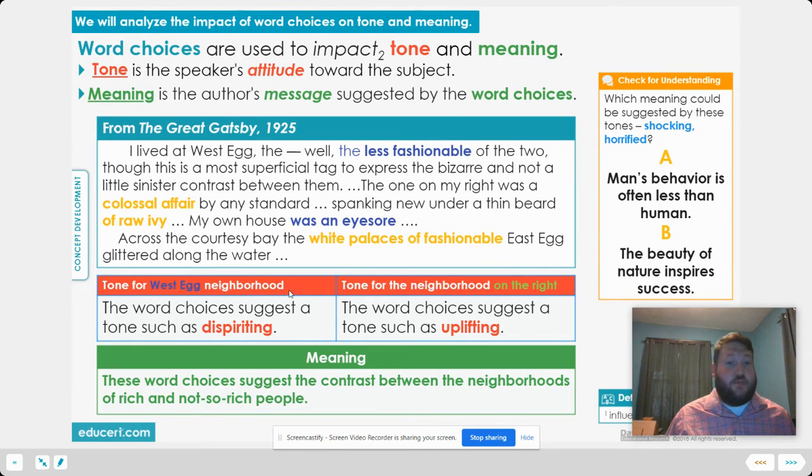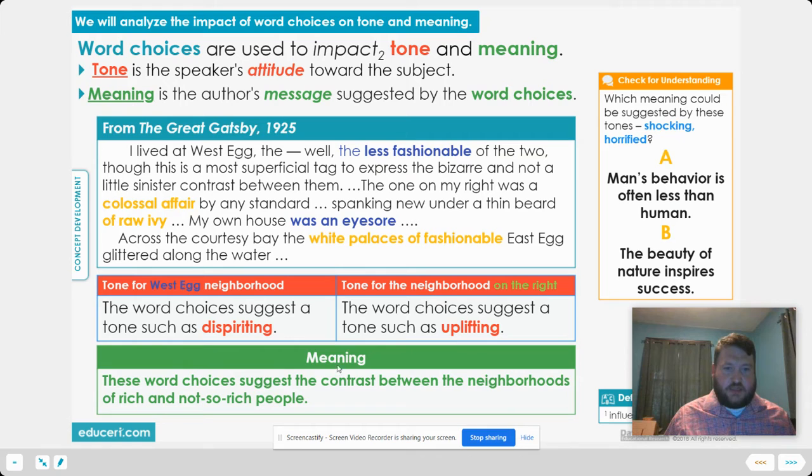We then have kind of the polar opposite here with the neighborhood on the right, which is described as a "colossal affair." There's a description of the "raw ivy," and finally, the "white palaces of fashionable." All these words being used to describe this neighborhood on the right suggest a tone that's uplifting, right? "Sophisticated" might be another way to describe these places.